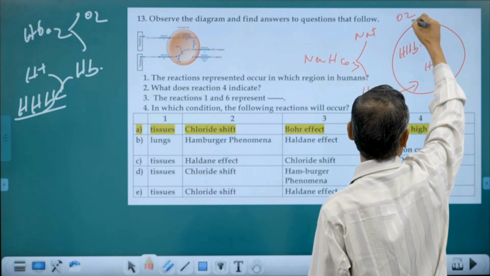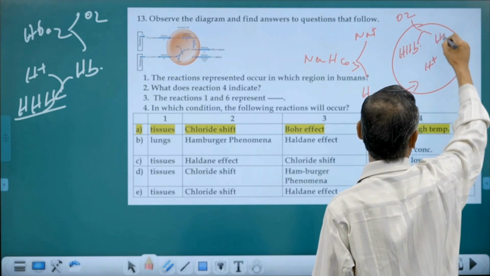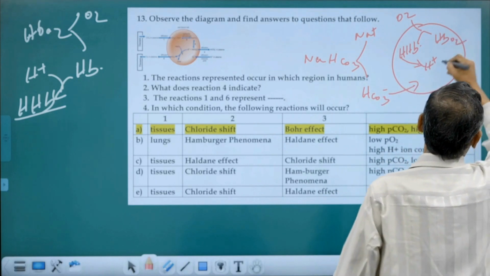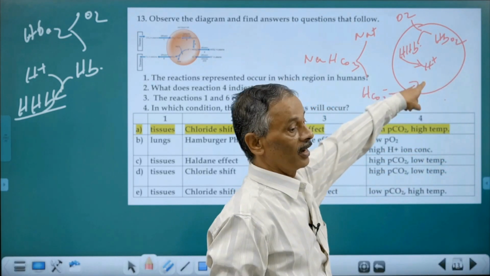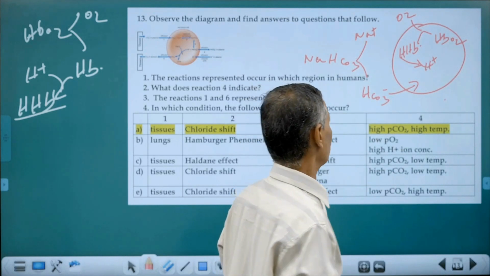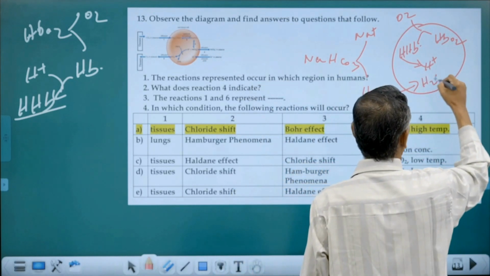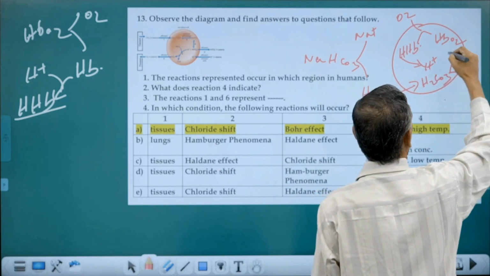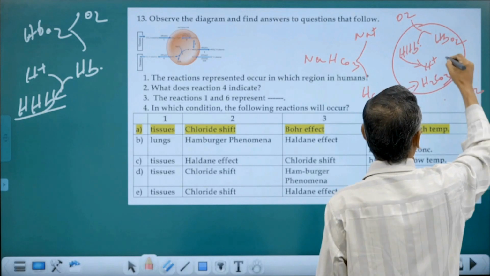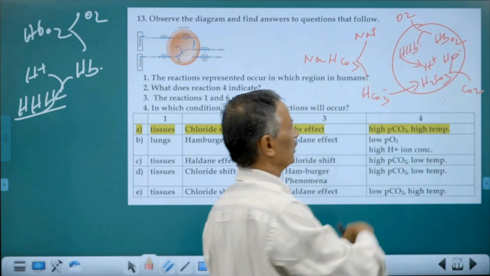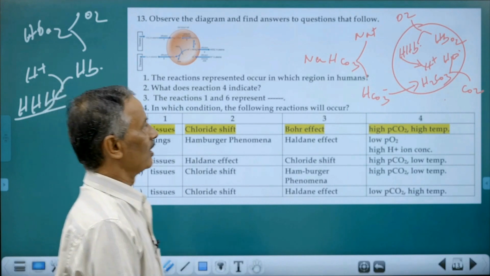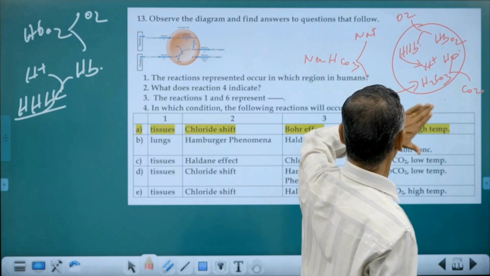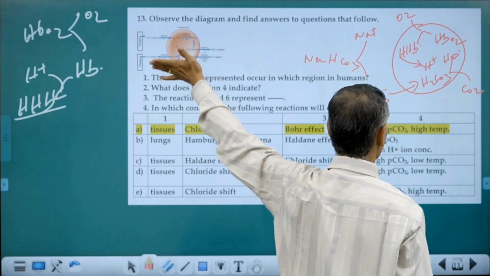Now, here you are having oxygen. That oxygen will be combined with the hemoglobin. Now, hydrogen ion is released. That hydrogen will be combined with the HCO3, forming H2CO3. This will immediately split, forming carbon dioxide that escapes out and water that remains in the RBC. This entire activity taking place in the alveoli is just the reverse of what is happening in the tissues.